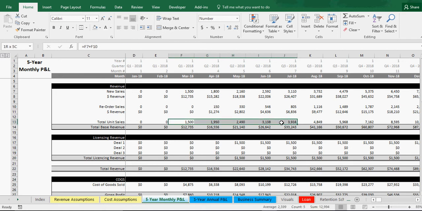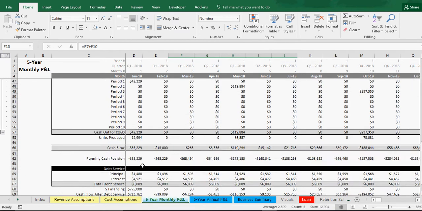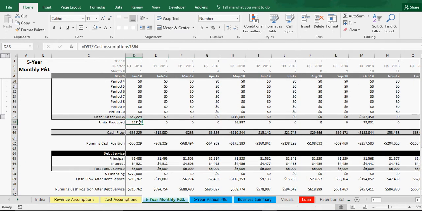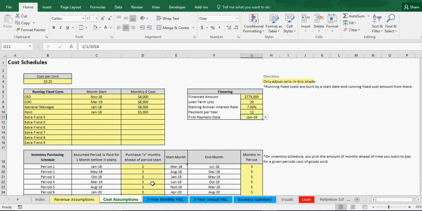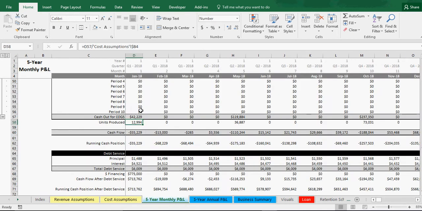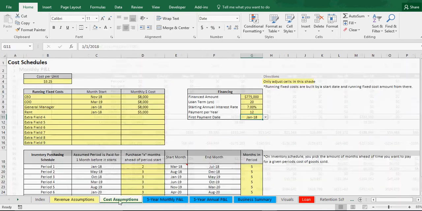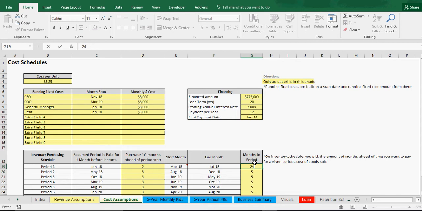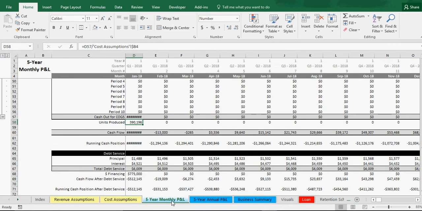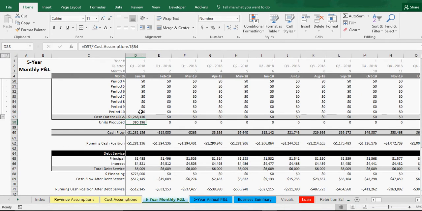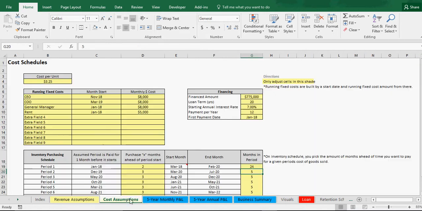March to July, 12,994. Perfect. And all this auto updates with formulas, which is the nicest thing. So you just play with these numbers and then everything auto populates. If we wanted to put this at 24 months, now the number should be much bigger. Oh yeah, it is 390,000 units because that's how much we're planning to sell from March of 18 to February 2020.